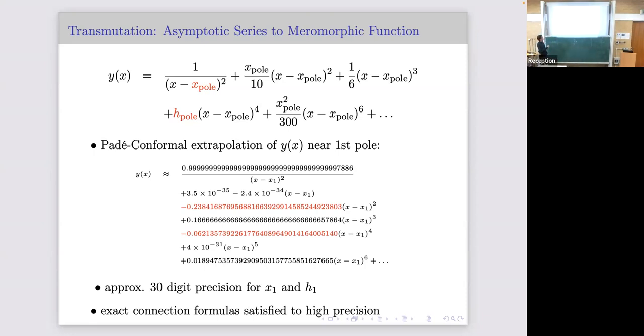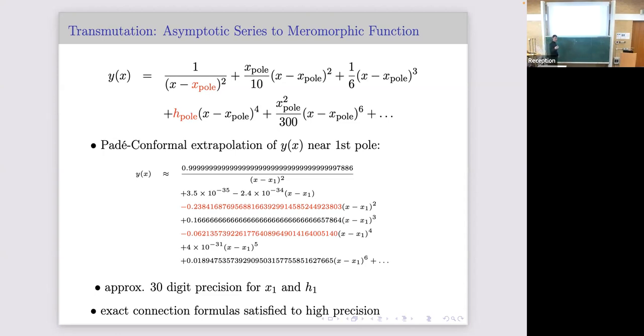And when you expand about that point, you discover that this residue, which is supposed to be 1, is close to 1, with 30 something digits. The next one should be 0, is 0. The next one should be 0, is 0. The next one should be 1/10 of that pole location. Well, it is, to 30 something digits. The next one should be 1/6. It is. The next one is the new constant.